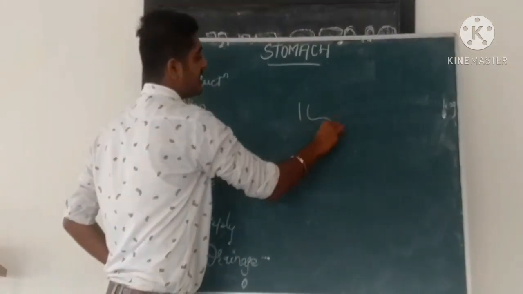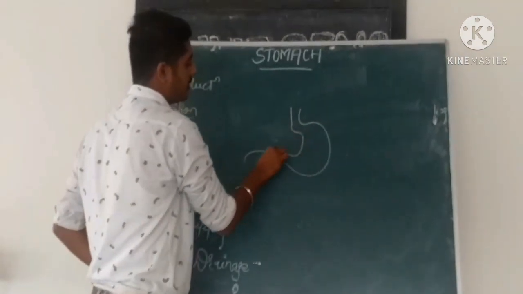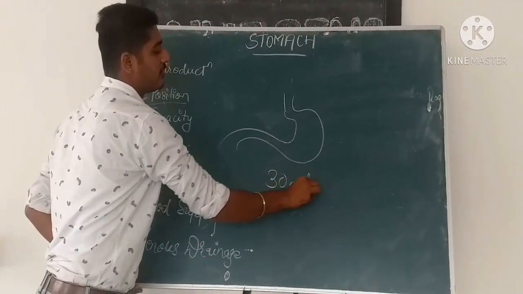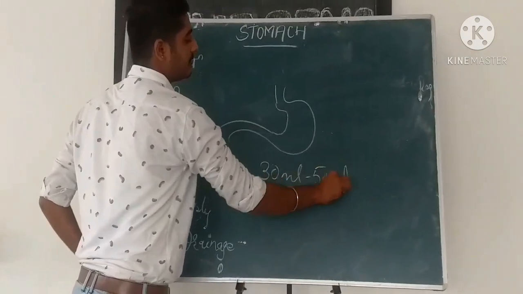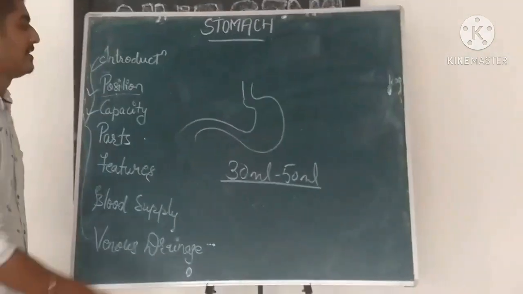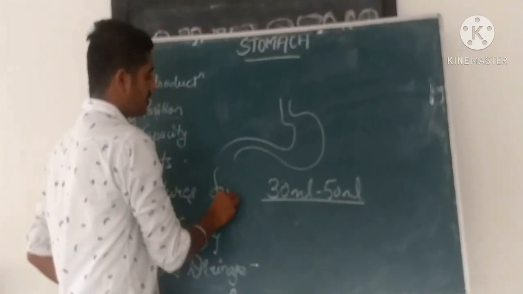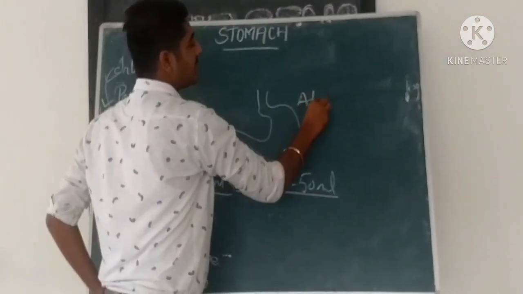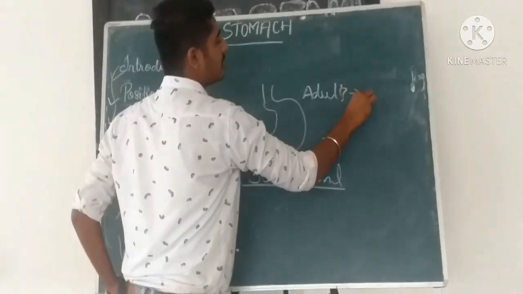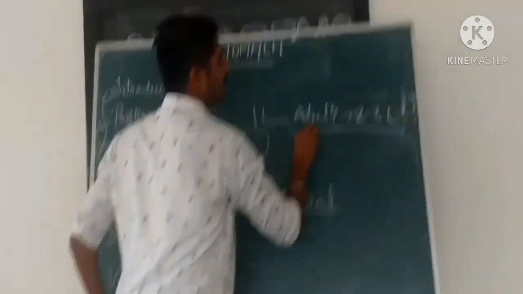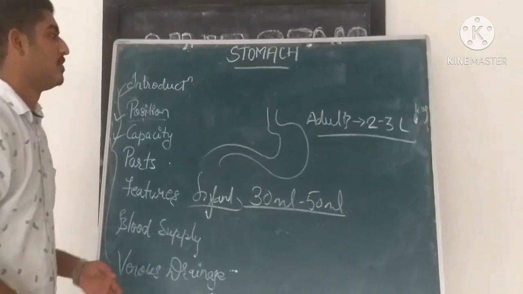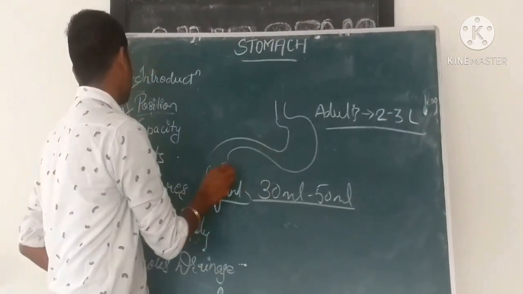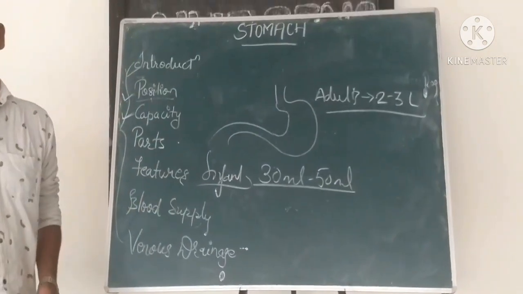The infant stomach holds around 30 to 50 ml of fluid, and in case of adults, it holds around 2 to 3 liters of fluid. In case of an empty stomach, it can even expand. So this is all about the capacity.